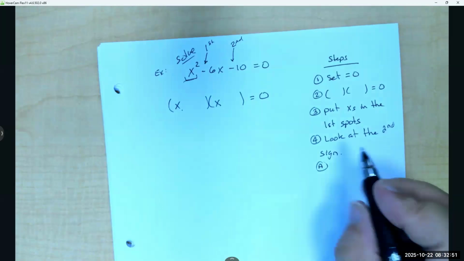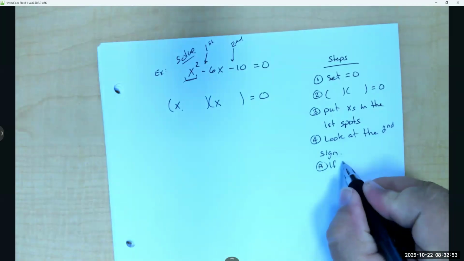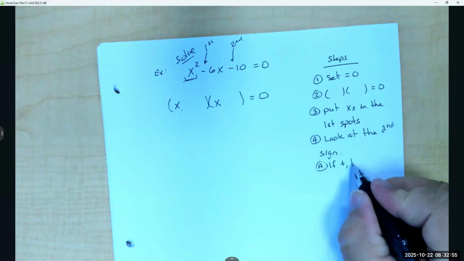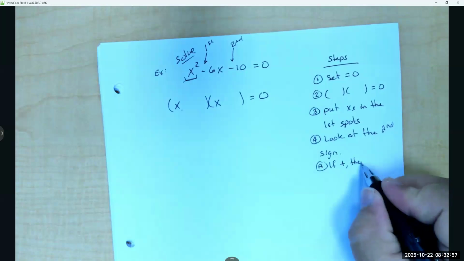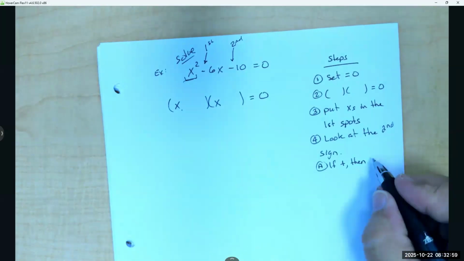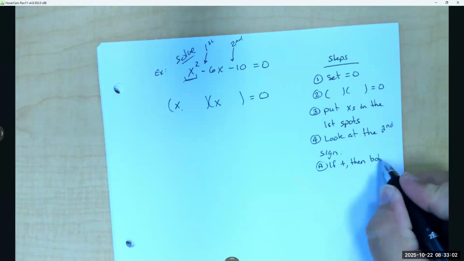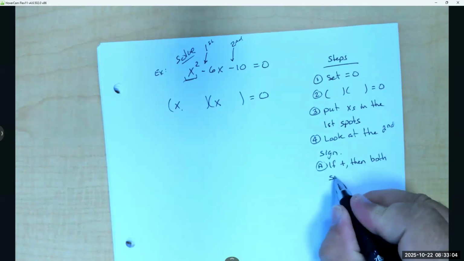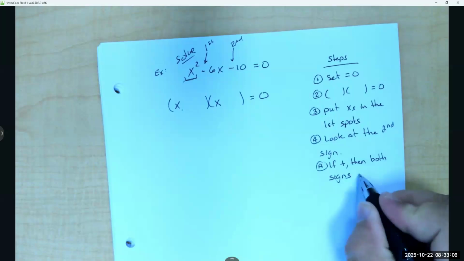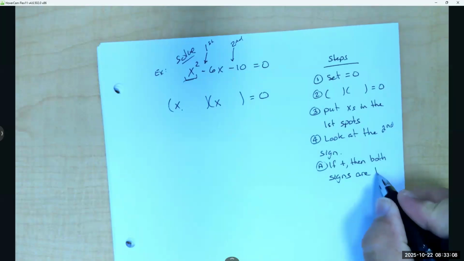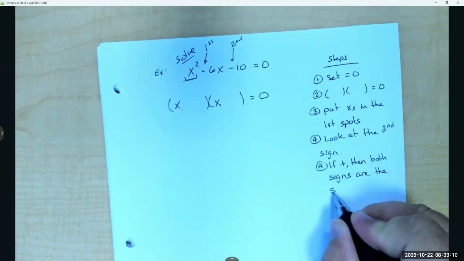Now, look at the second sign. If it's positive, then both signs are the same.